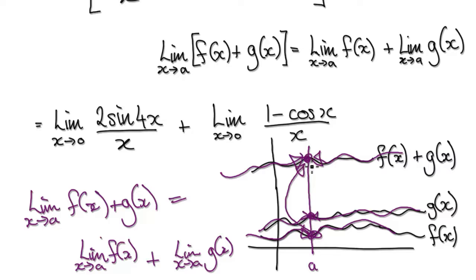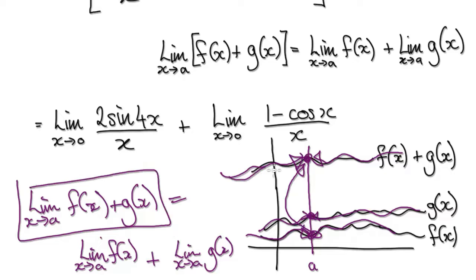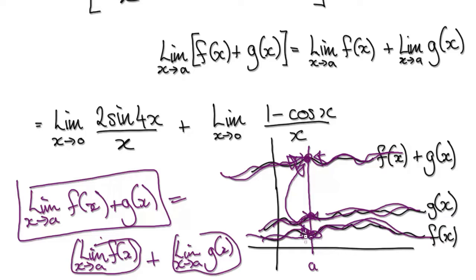same place. So what this is saying is that we want to find the limit of this complicated thing, but rather than doing that, you can just find the limit of f, find the limit of g, and whatever the two answers are, add them together. It will take you to the same place. That's where this thing here comes from.